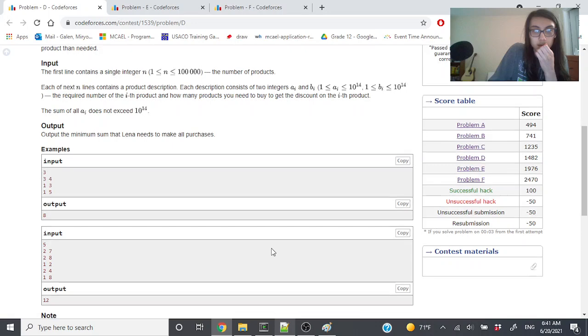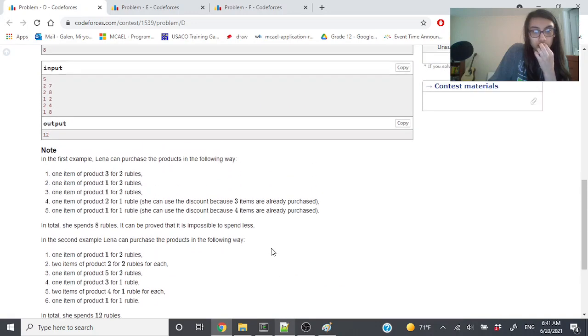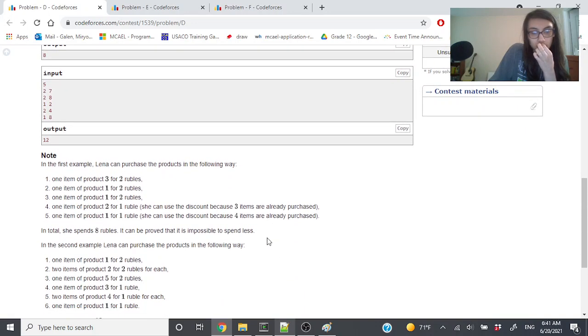Then what do we do? Now, would that be correct? In particular, would it ever be better to buy from some item that's not the hardest to get?